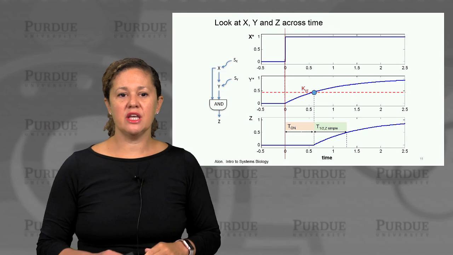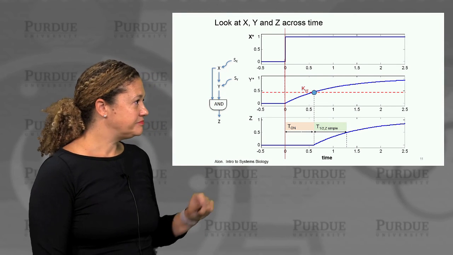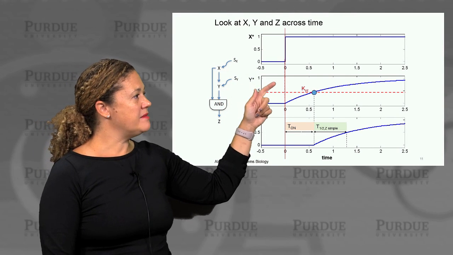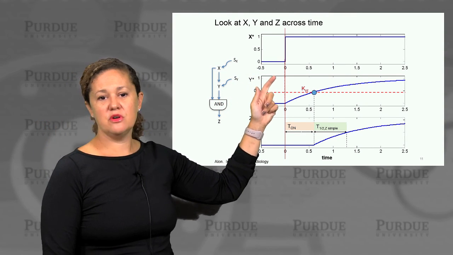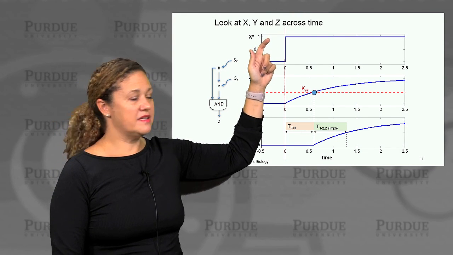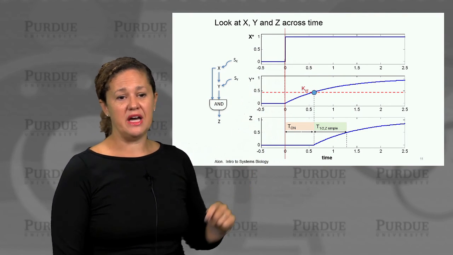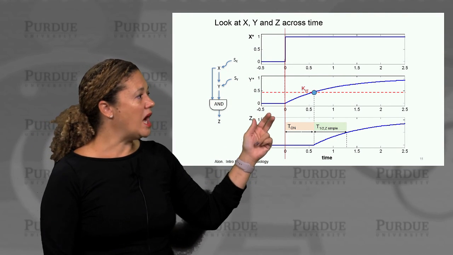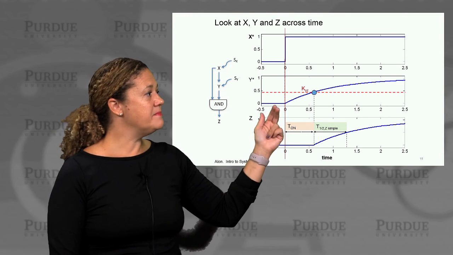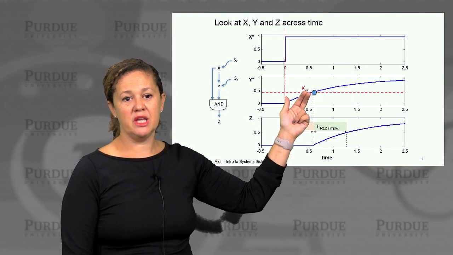So now let's look at X, Y, and Z together across time. Again, reminding you, our X before time equals 0 is at a 0 level. We instantaneously turn on X star to a level well above its threshold and a constant value. As we said, Y is going to turn on with simple activation, and so immediately at time 0, our gene product Y starts to accumulate.